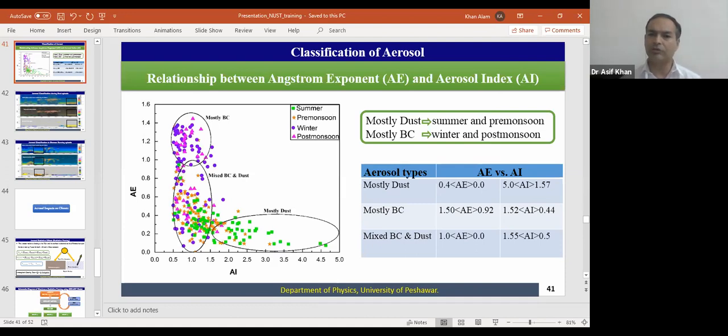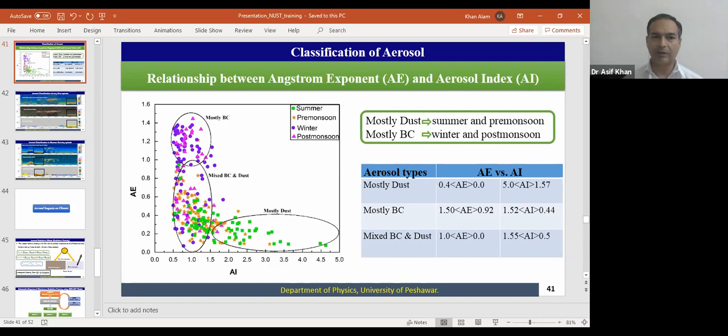So I suppose when the dust particles are moving, that is mainly due to the dry winds moving throughout the region. And the winter concentration of black carbon is because in the winter we have accumulation of these pollutants region-wise, and that's why you can see the increased concentration of black carbon in the post-monsoon season, particularly in the winter season. So I suppose that's what is going on in this data.